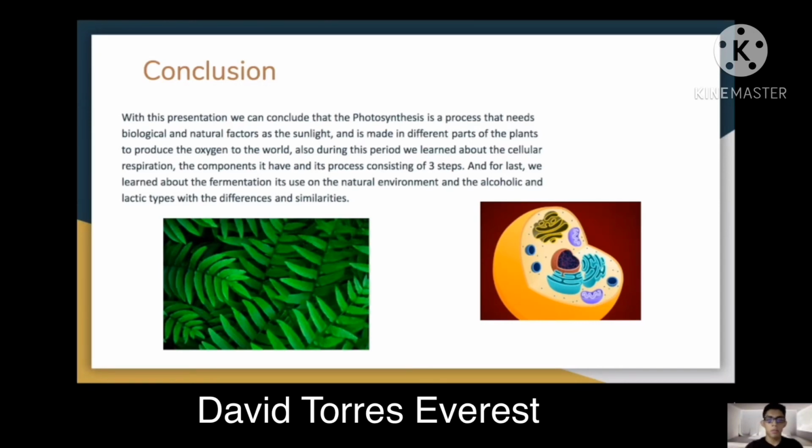Also, we learned that cellular respiration is a process in which some organisms breathe and get oxygen, and it consists of 3 steps. Finally, we can say that fermentation is a process that occurs in the natural environment. It has two main types, alcoholic and lactic, with their own differences and similarities, because they use different substances and components.